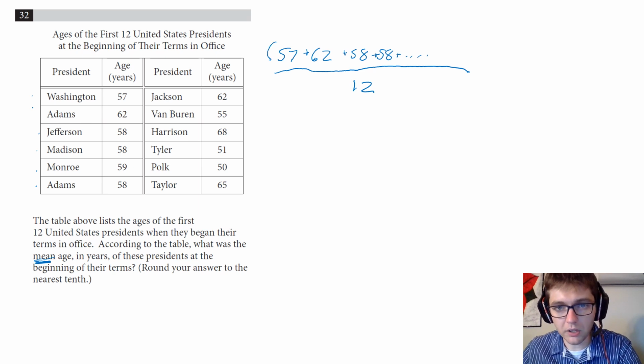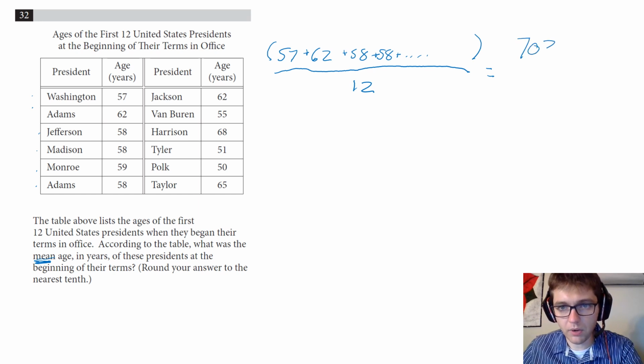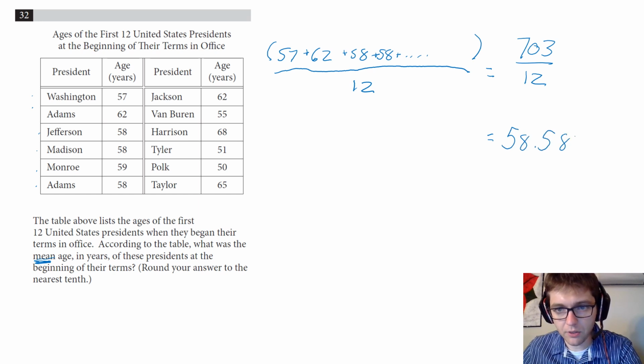Just make sure you throw parentheses around what you're adding. Add all those up, divide by 12. If you do the intermediate step of just doing the adding and dividing by 12, you come up with 703 divided by 12. Plug all that into your calculator and you come up with 58.58333, repeating from there.